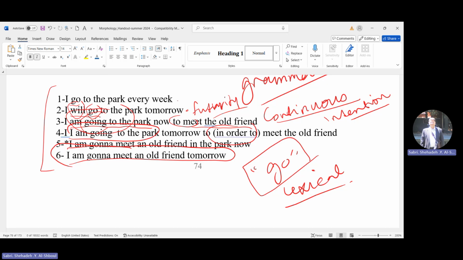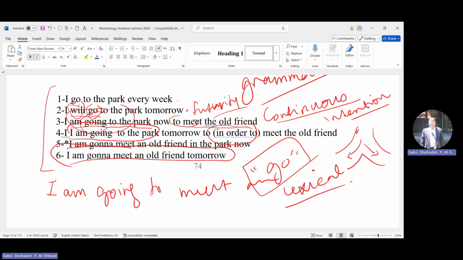Here we have "I am going to meet an old friend tomorrow." If we notice, there is a shift in the etymology of the verb go from being totally lexical into being grammatical, to indicate intentionality, futurity, a state of determination to do the verb.